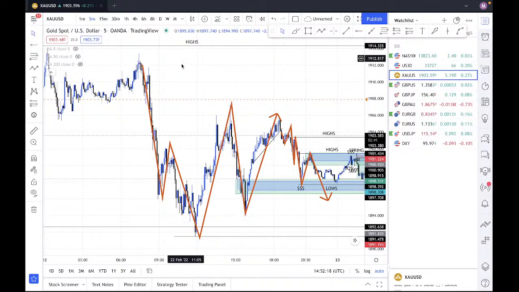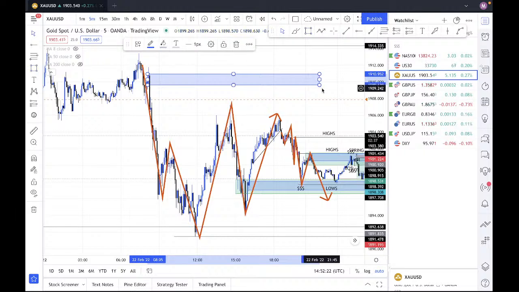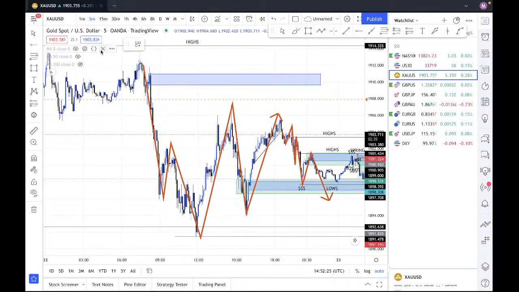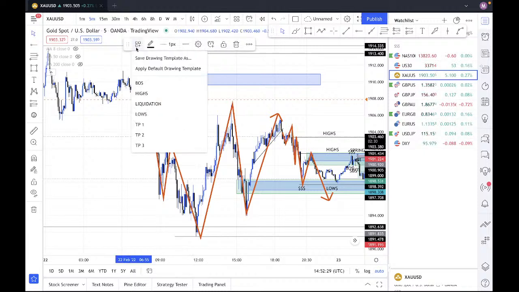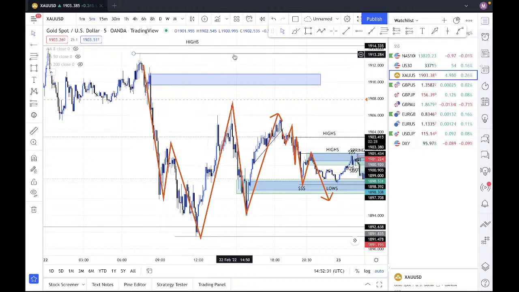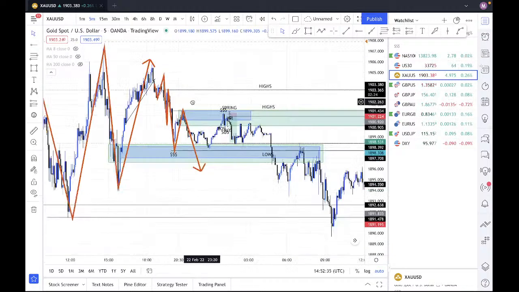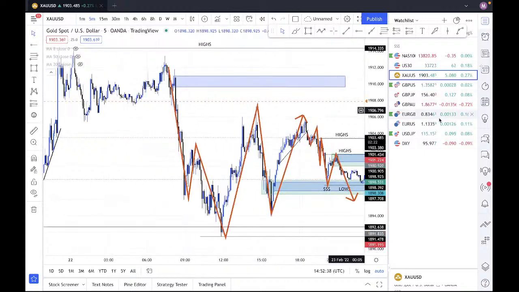This could potentially come all the way back up to here, all the way back up. As long as it doesn't break these areas here, which we call our protected highs, our protected lows. These big pushes that start a trend. You can see it starts a downtrend.